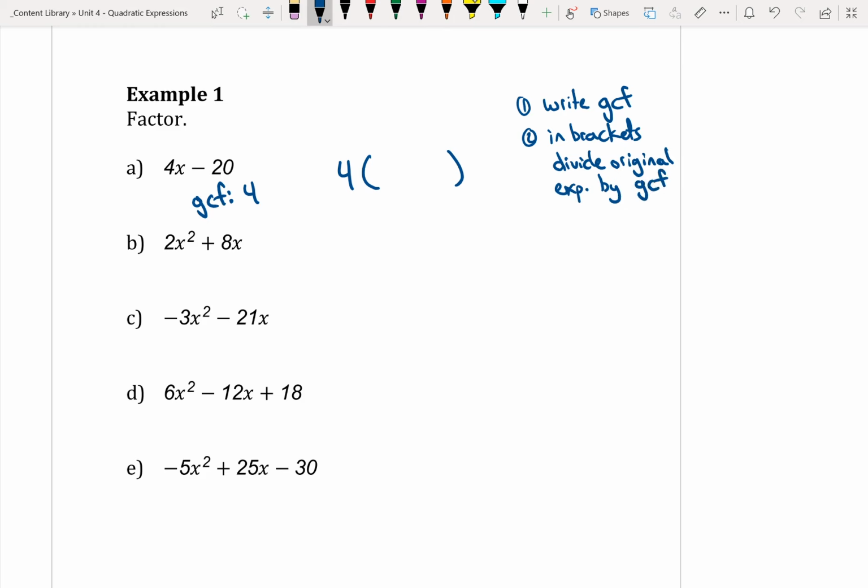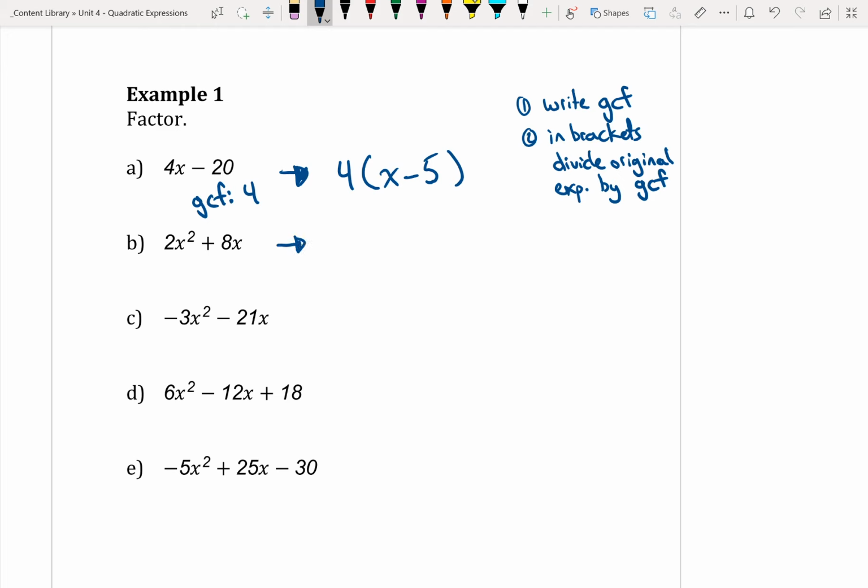So that means I'm going to take 4x minus 20 and divide it by 4. So 4x divided by 4 is x, minus 20 divided by 4, which is 5. So that is the factored form.